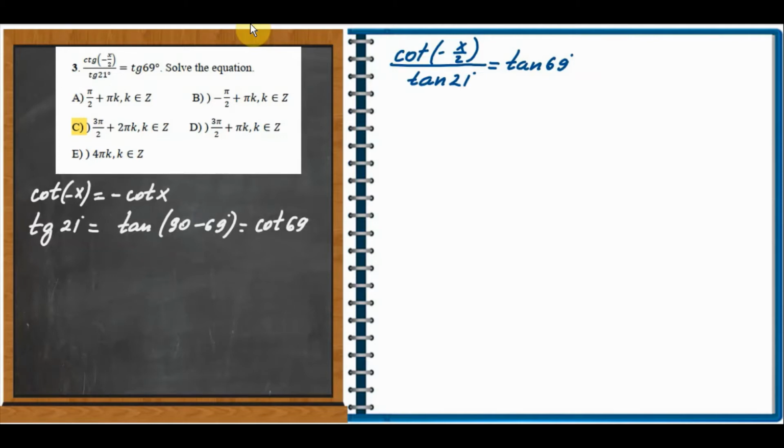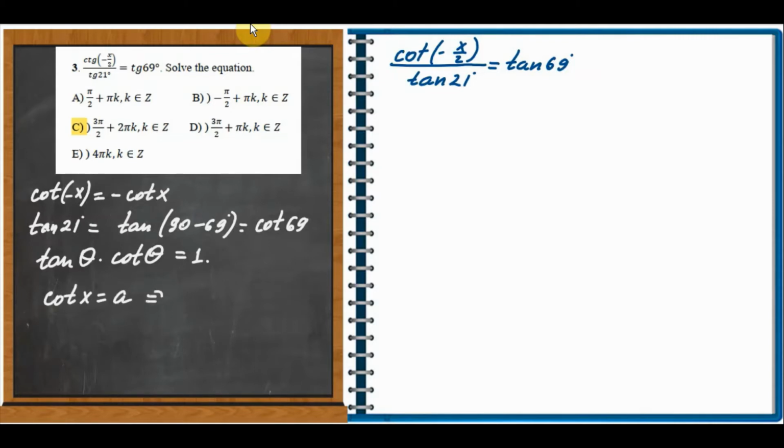Now, what else do we need to solve this question? We need to know that tangent multiplied by cotangent, let's write theta, equals 1. And one more formula, the general solution of cotangent x equals a.